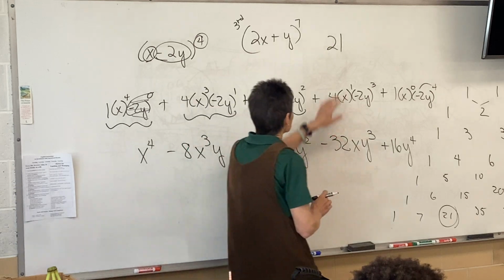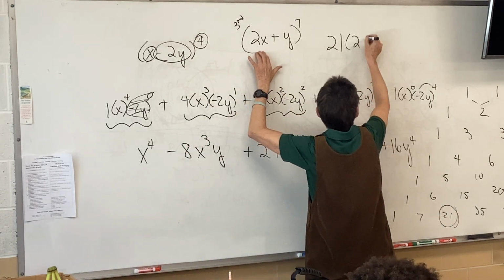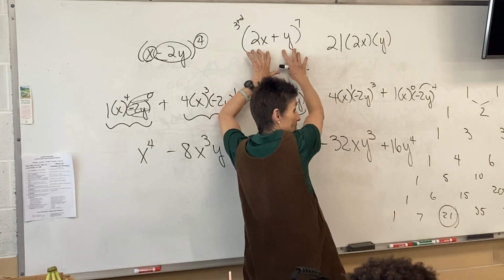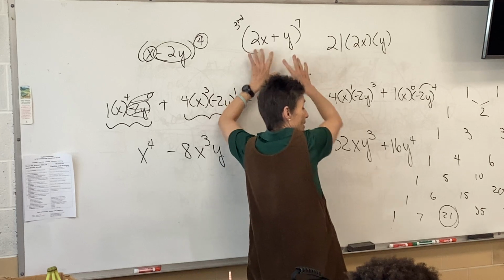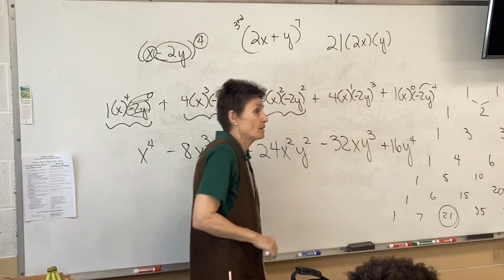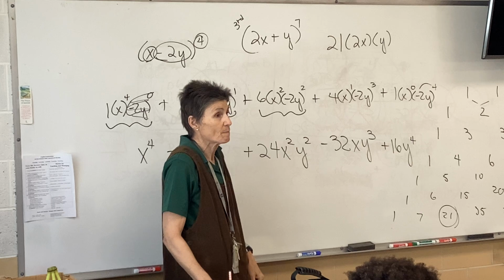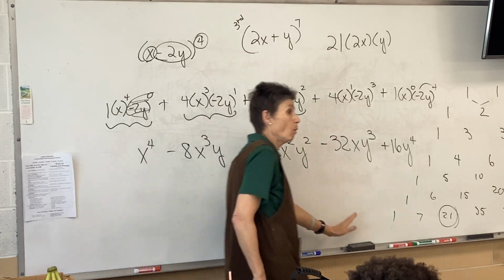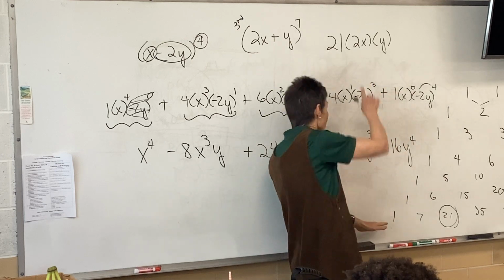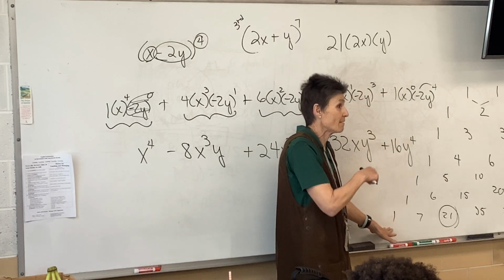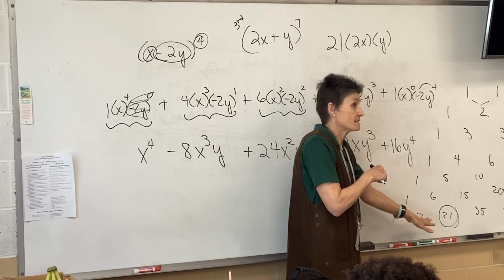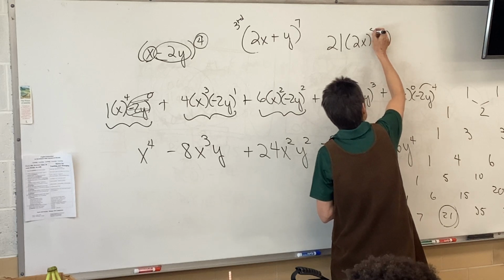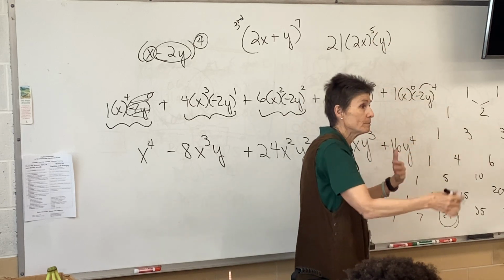And next to that 21 will be a 2x and a y. Now I need my powers. Well, how did we do our powers before? Counting down. So if we were doing the whole row, my 2x power here would be 7, and then 6, and then 5. So my 2x power is 5 just by counting down.